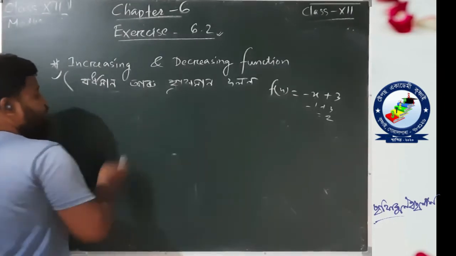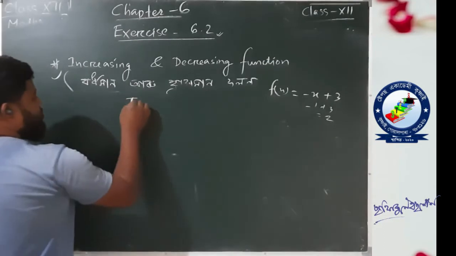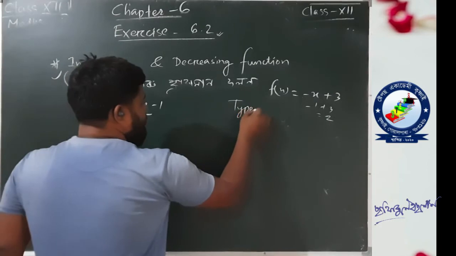Remember one thing, in this chapter we basically deal with two types of questions. ইয়াতে আমি দুটা ধৰণৰ কোশ্চেন সম্পৰ্কে আলোচনা কৰিম. Two types of questions we will discuss.